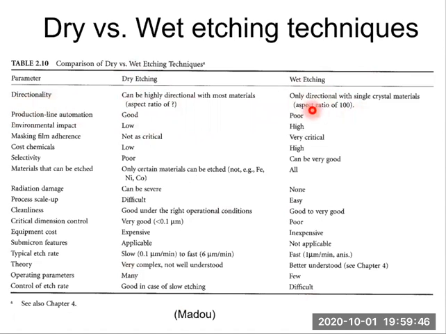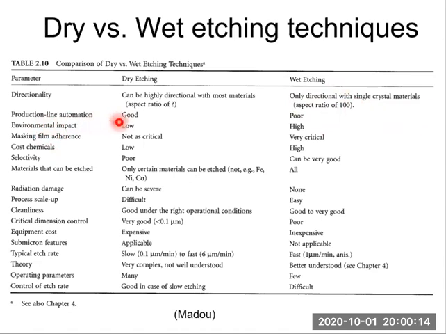Wet etching is only directional with single crystal material. So we cannot achieve anisotropic etching on polycrystalline or amorphous materials. It's only possible with single crystal material. So that's the limit of wet etching.